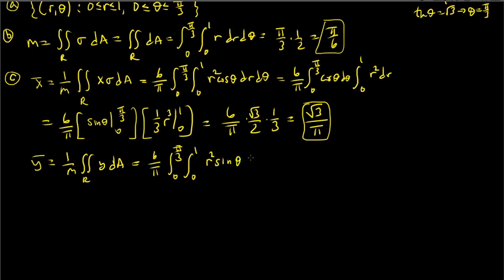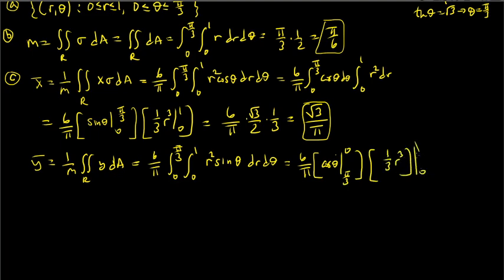Right, y is r sine theta, dr d theta. Okay, so integral of sine is negative cosine. And we'll just evaluate between pi over 3 and 0. And then we're going to get 1/3 r cubed again from 0 to 1, so that's just 1/3.